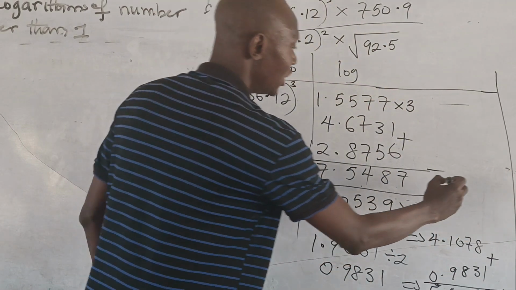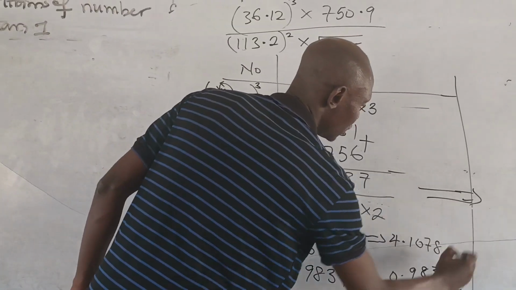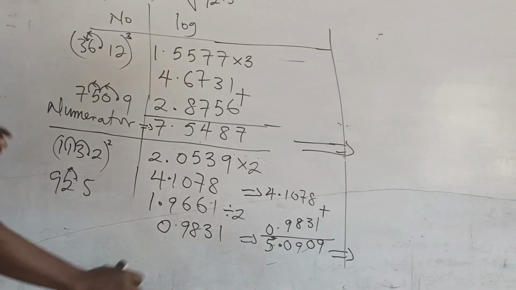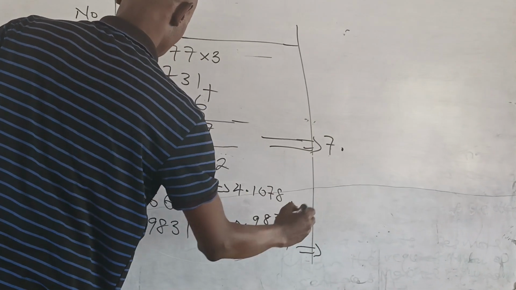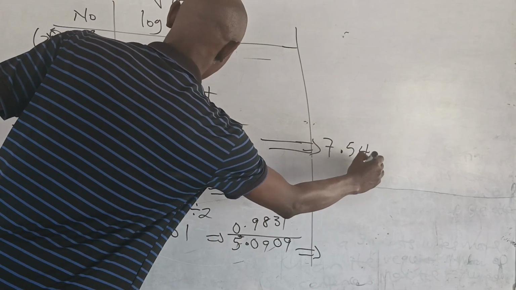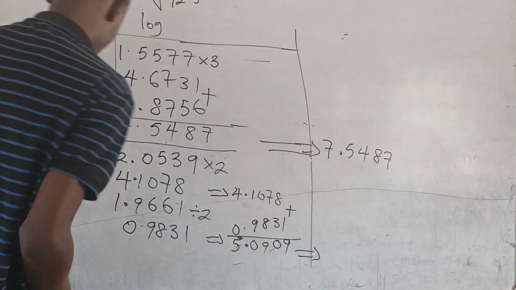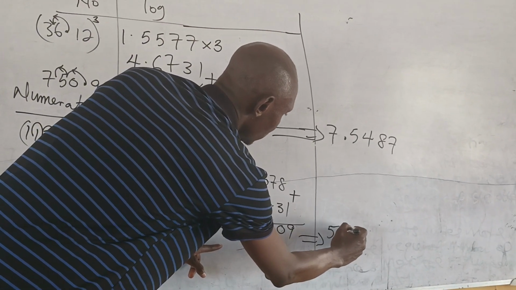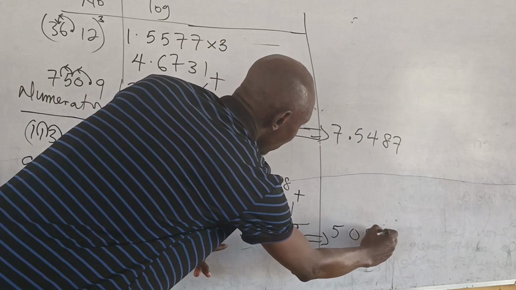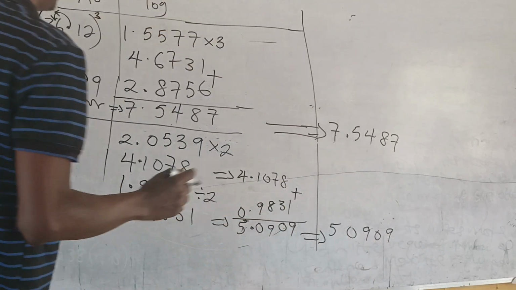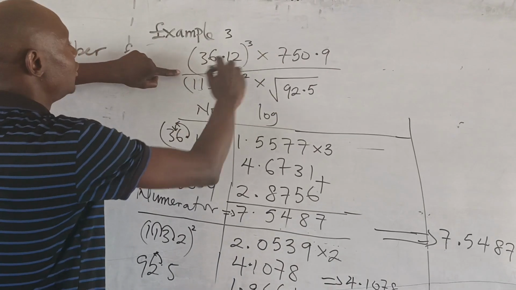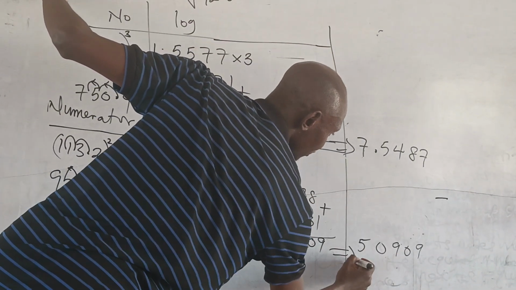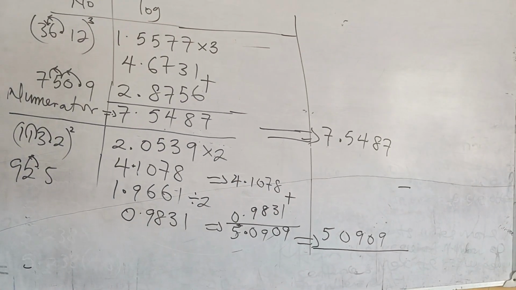So we are going to take the numerator out here. Then we are going to take this denominator out here. So we have 7.5487 and 5.0909. Now, because of this division in between them here, we are going to subtract.